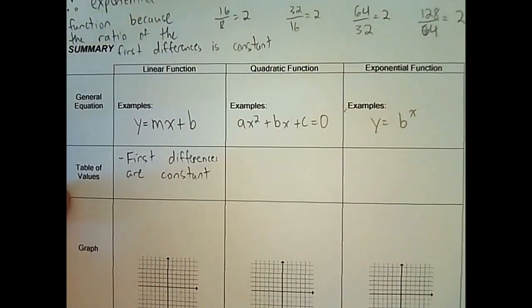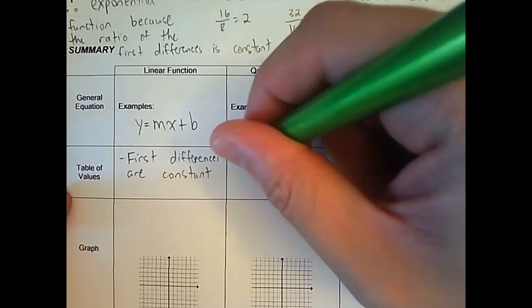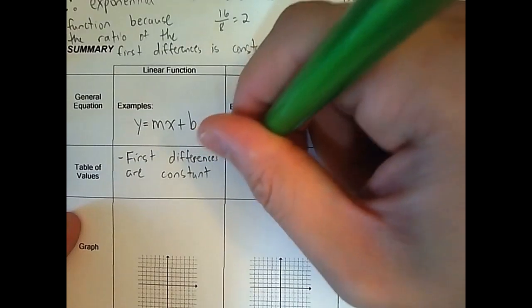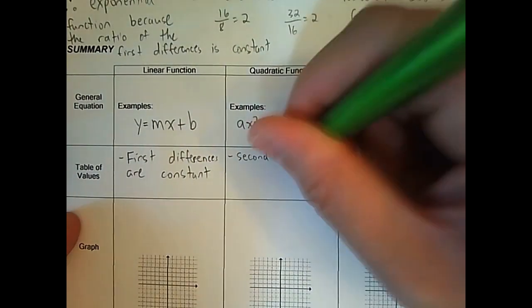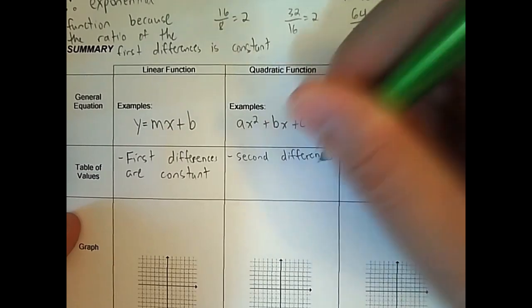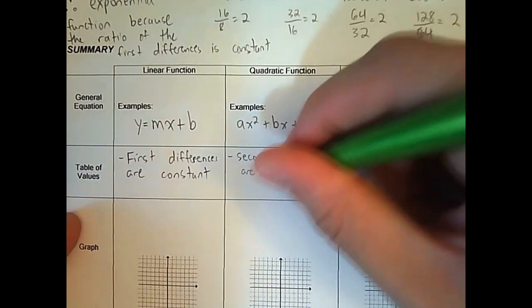We found for table values for quadratic functions, the second differences are constant.